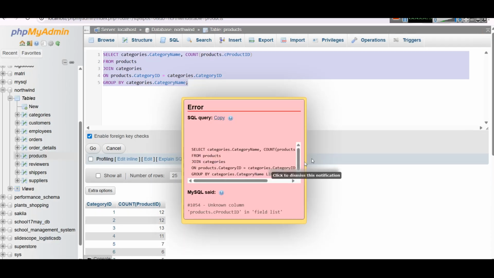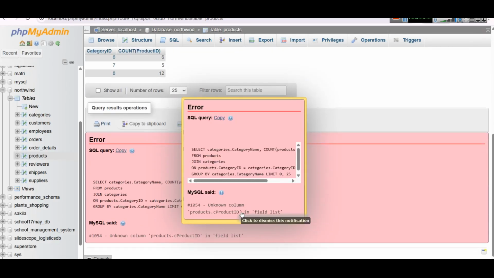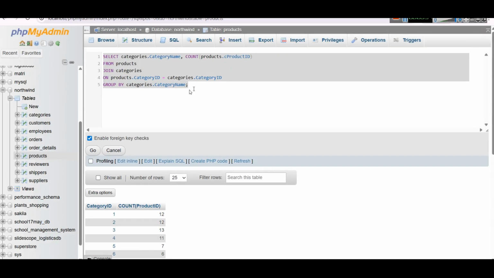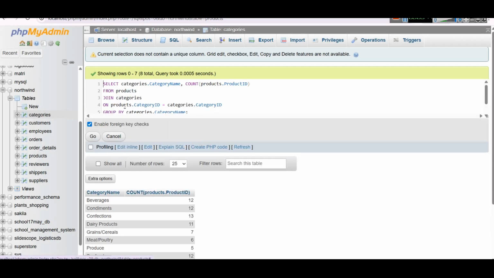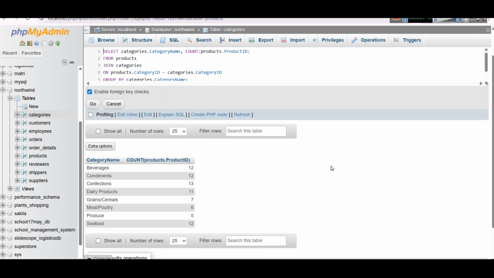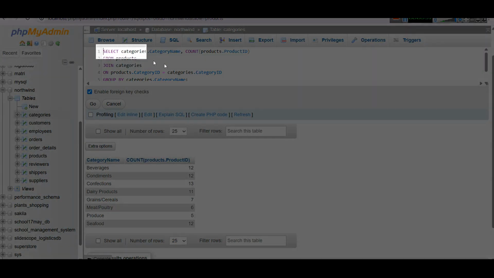Once you do this, you will see a very good answer. There was an error here because we had written the wrong product ID. Now it is giving us this answer. You can see from here what happens when you run this query. This is the query.